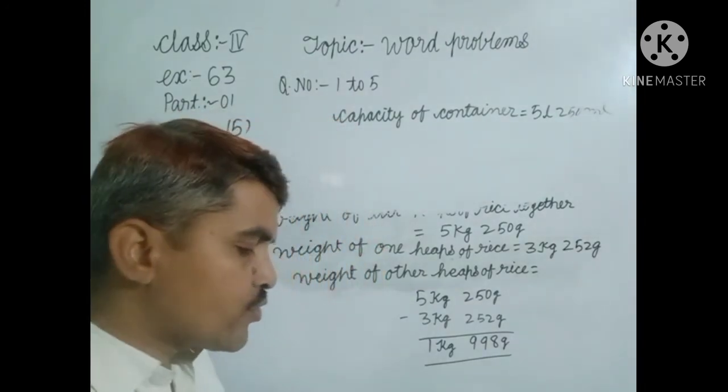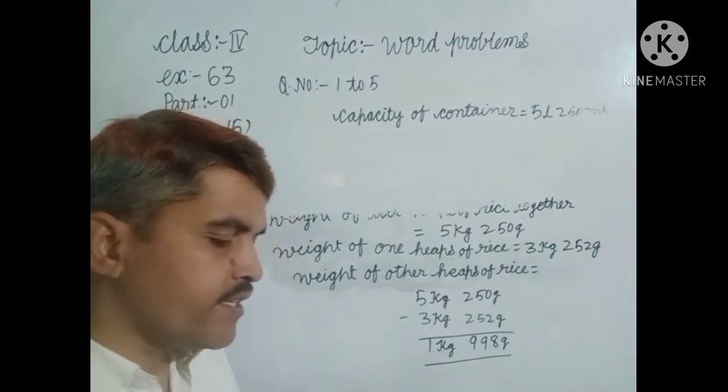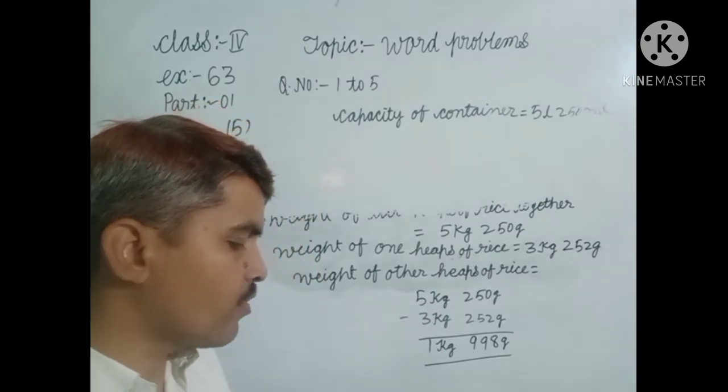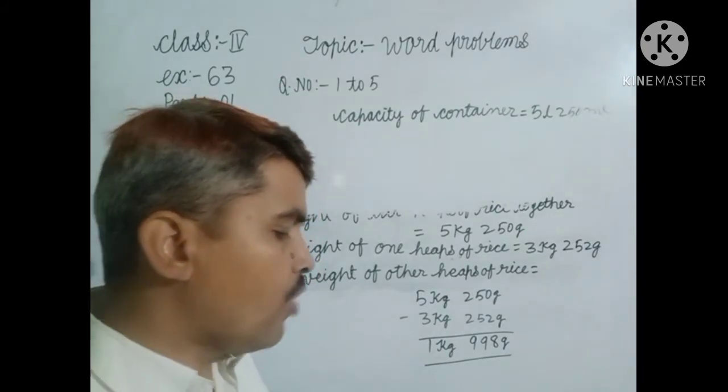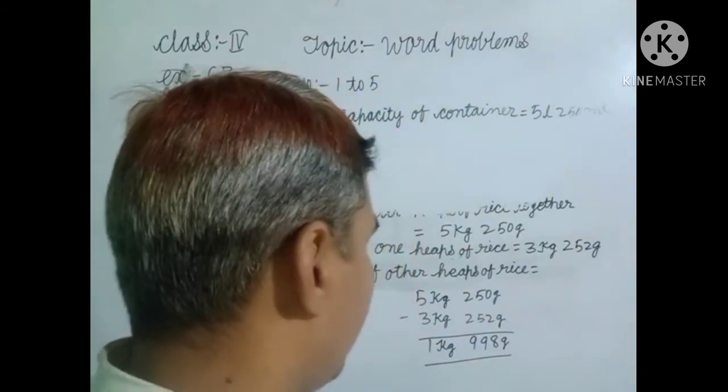A man takes 2 liters 100 milliliters of oil from it. Later he spills 1 liter 200 milliliters of oil from the container. How much oil is left in the container?